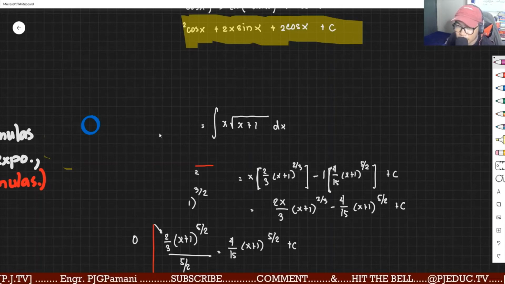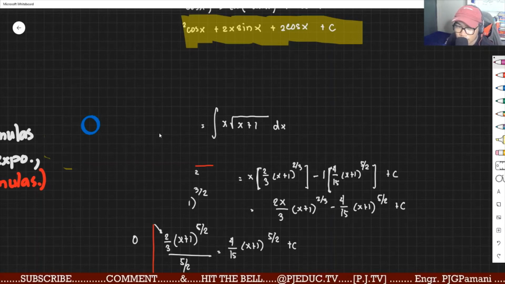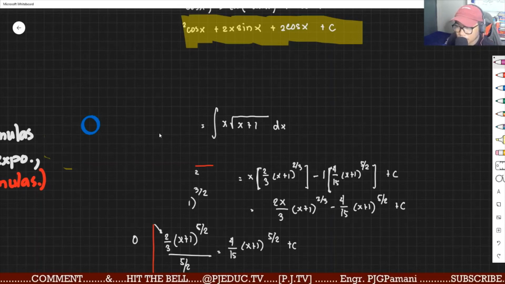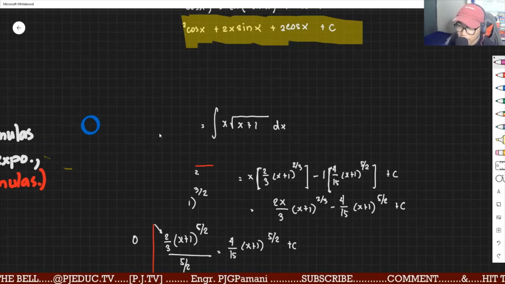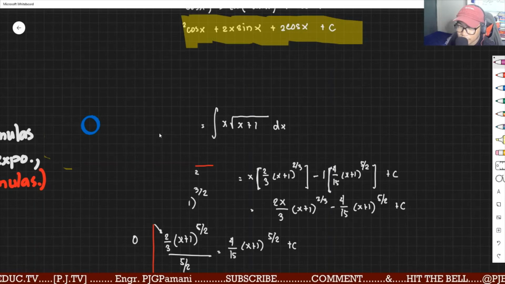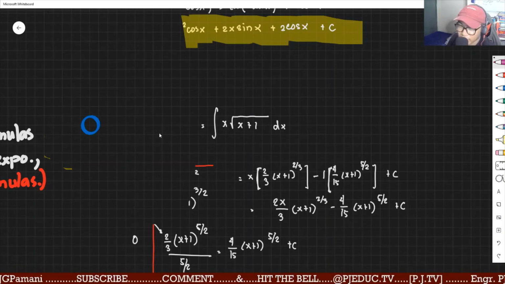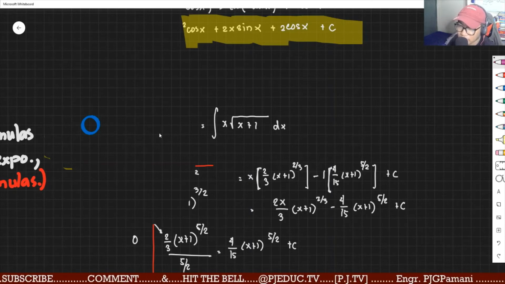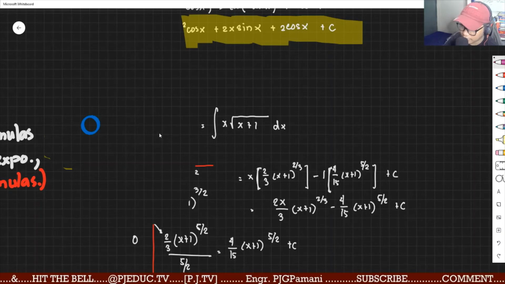Thank you. Diba wala siyang common terms. Diba naalala yung power formula? Pag walang common terms doon sa parenthesis, outside the parenthesis, kailangan nating i-expand. Pag meron, apply power formula. Pag wala, expand mo, then power formula.